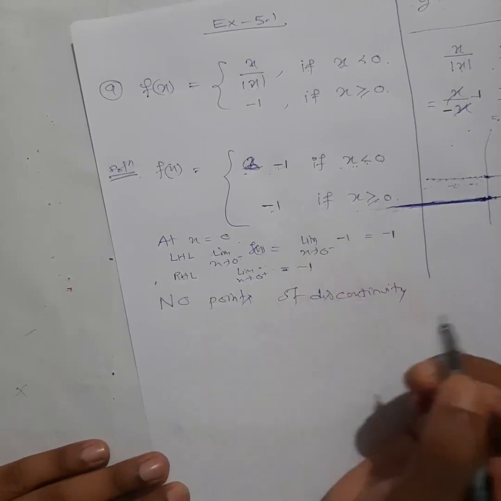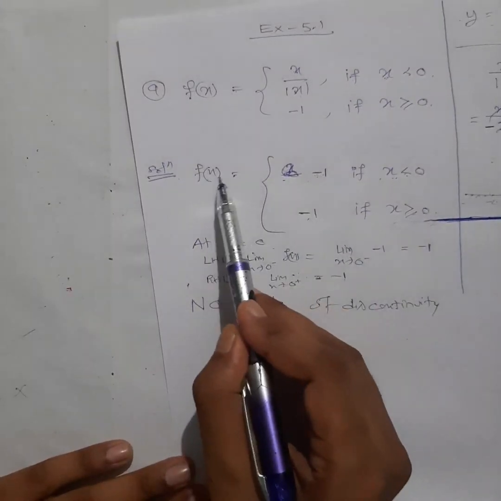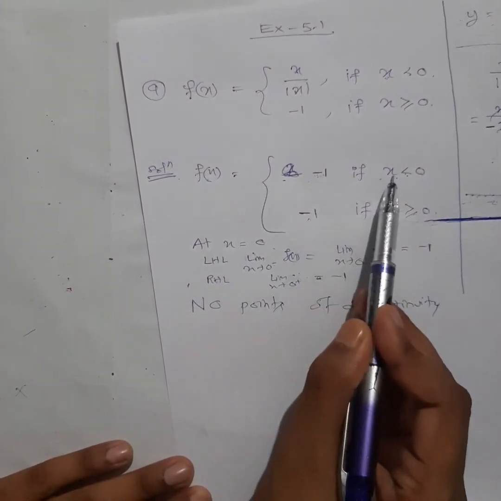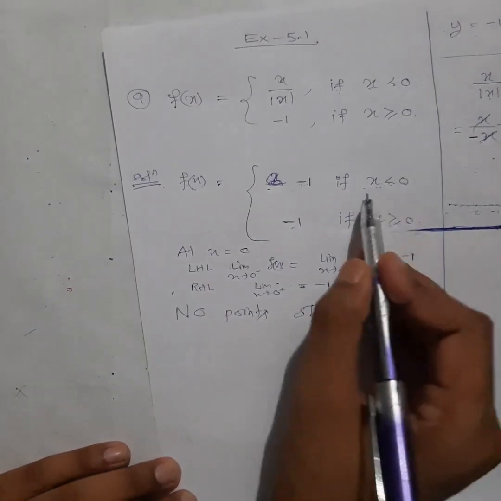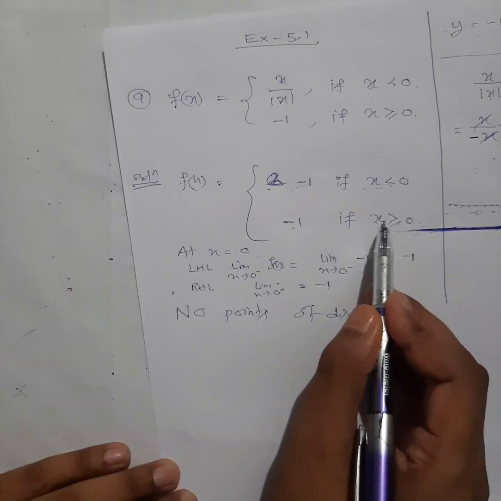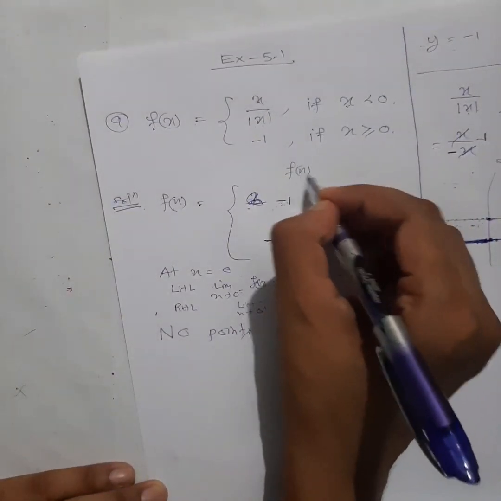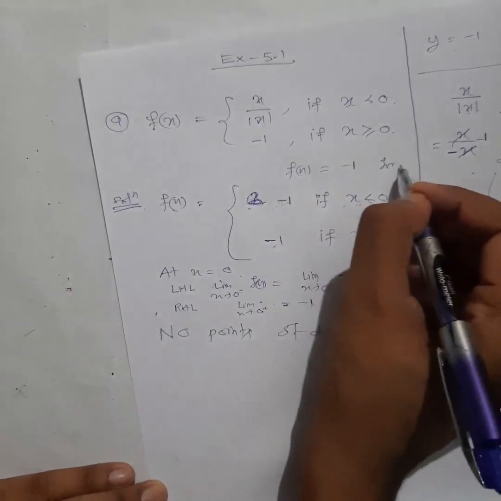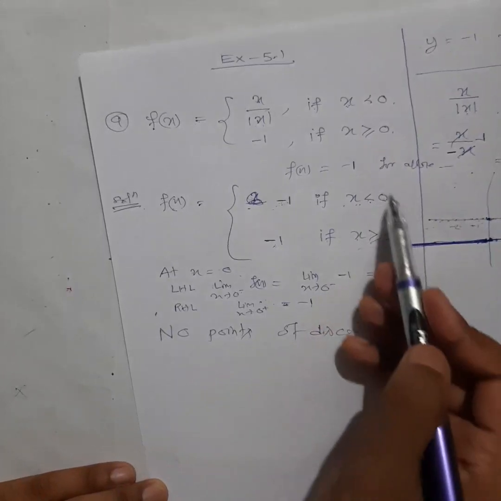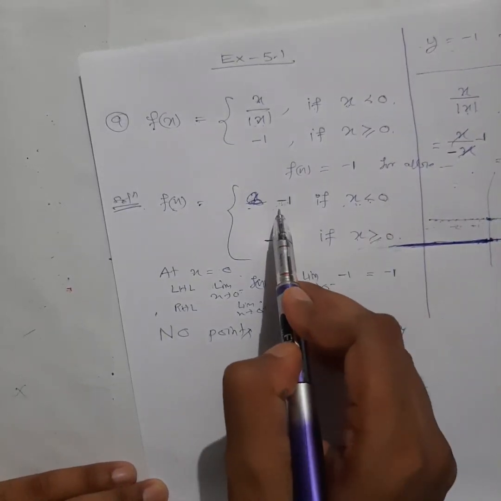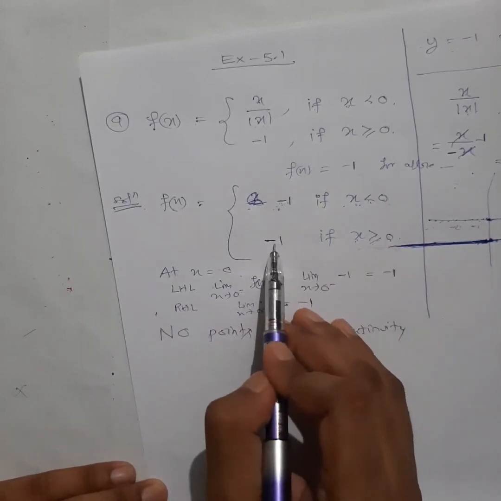Equal to minus 1. And this function you can actually redefine. See here, f(x) equal to minus 1 if x less than 0, means your y is minus 1 if x is less than 0. When x is greater than or equal to 0, then also minus 1. So can we write it like this? f(x) equal to minus 1 for all real numbers. I can write it like this also, because for all real numbers, for x less than 0, y is minus 1, and for x greater than or equal to 0, y is minus 1.